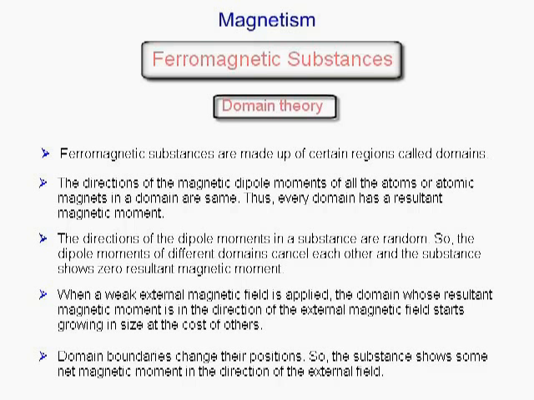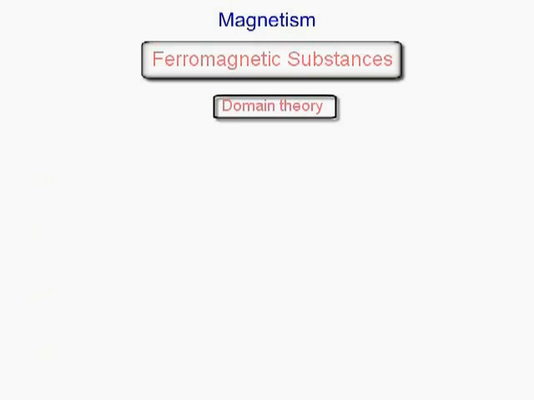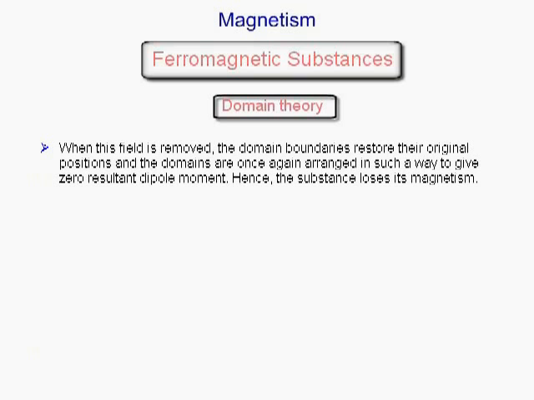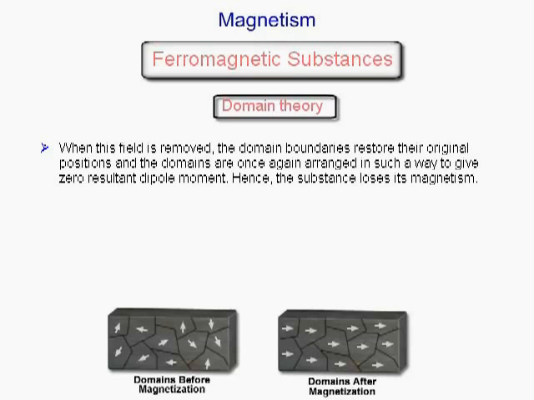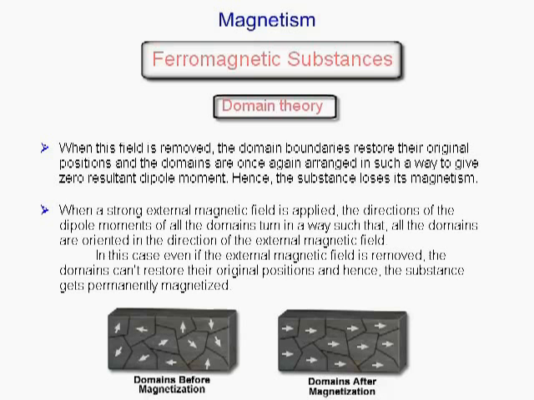So the substance shows some net magnetic moment in the direction of the external field. When this field is removed, the domain boundaries restore their original positions and the domains are once again arranged in such a way to give zero resultant dipole moment. Hence, the substance loses magnetism.